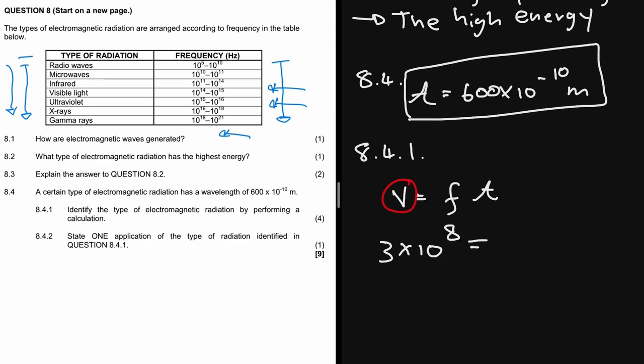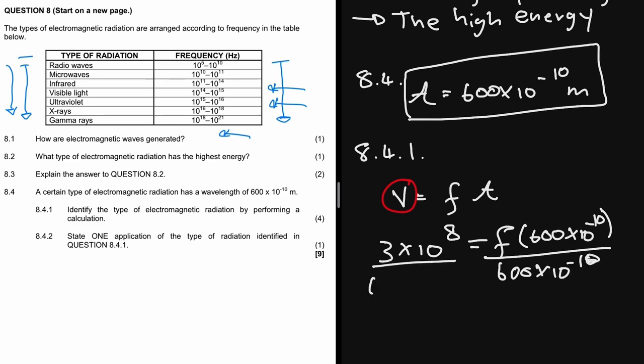So to get the frequency, we're just going to substitute the wavelength, which is given to us as 600 times 10 to the power of negative 10. So we have to divide both sides by 600 times 10 to the power of negative 10. And then we put everything into the calculator to get the frequency.